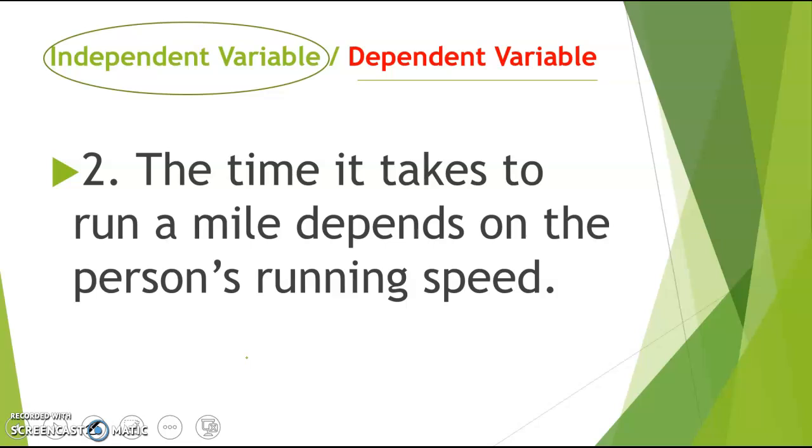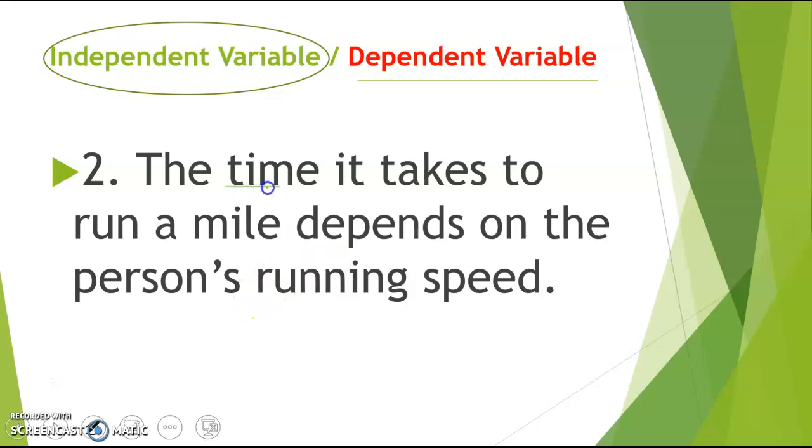So in this setup of the word problem, it actually tells you that the dependent variable is the time because the time is depending on the speed. So the dependent variable, or something that you can measure, is the time that it takes. You can time someone running a mile. What you change is your independent variable.